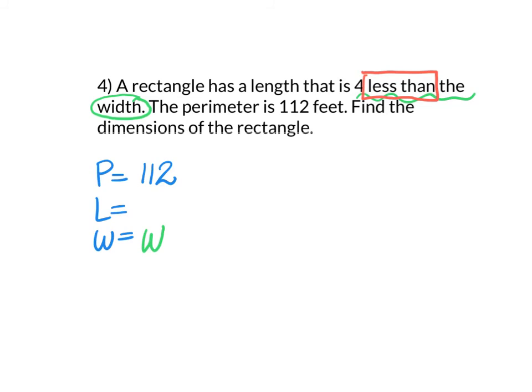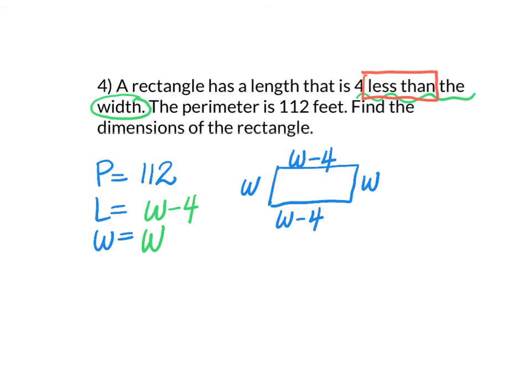So I have to start with my width, which is W, and then I have to take 4 away, which means minus 4. So now I have enough information that if I wanted to draw the picture of my rectangle, I'd have 2 sides that are W and 2 sides that are W minus 4.